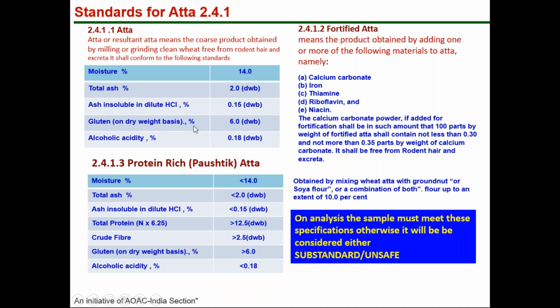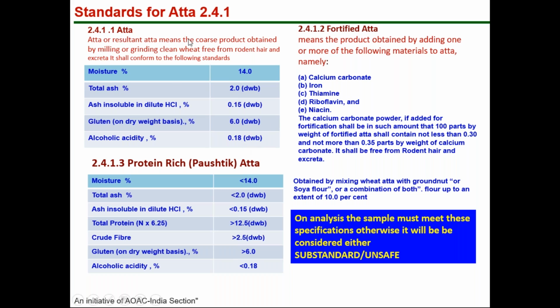Gluten is actually a quality parameter to tell you the quality of the atta. Alcohol acidity over here is a parameter to tell you whether the atta is good or not, because atta contains fat, and the fat can undergo rancidity or hydrolysis, that is hydrolytic rancidity, and acid can be produced, and that acid is measured.